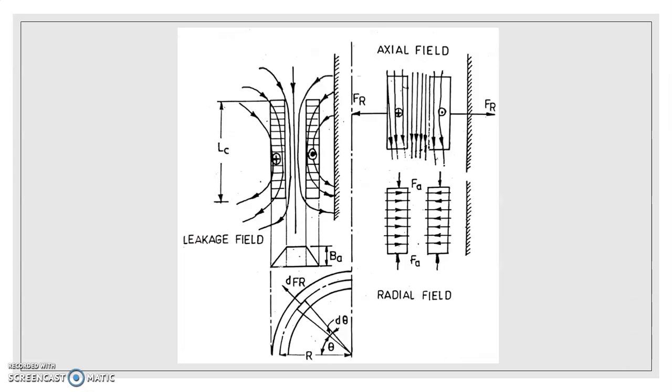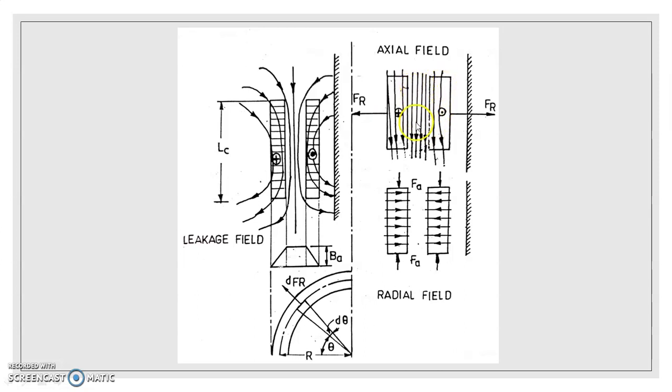Consider a core type transformer. In this figure you can observe the cores, the magnetic field with the leakage fluxes, and the current direction also shown. For example, you can concentrate here. Fr is shown, which is nothing but the radial force, and these are the directions of the leakage fluxes.